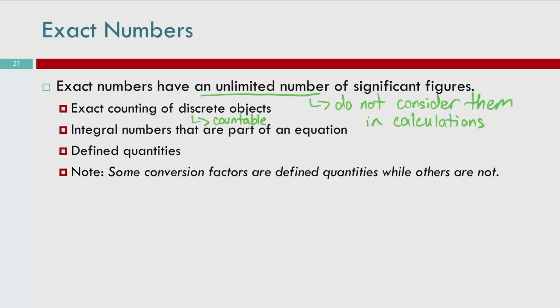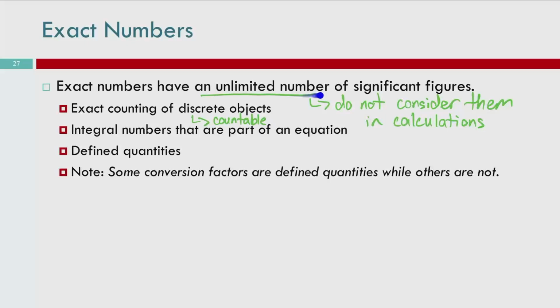If you can count it up and you're 100% sure that it's that number, like students, desks, chairs, flags, stars on the flag, nickels, pencils, those would all be exact counting of discrete objects. So those would be countable.